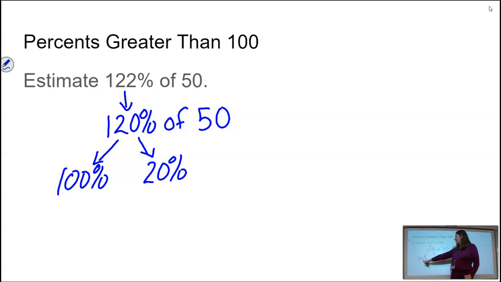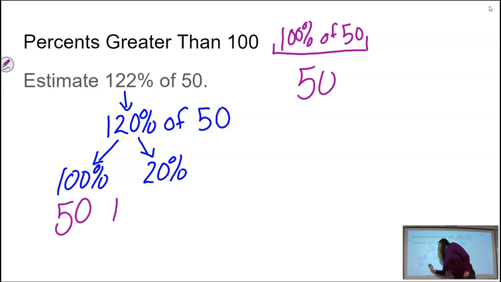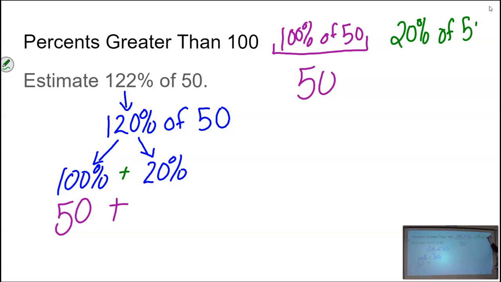Okay, so what is 100% of 50? So I'm going to go ahead and do that over here. So 100% of 50, well, that would be the total, right? So that would just be 50. So I'm going to add 50 right here, plus whatever my 20% is, right? So now I need to find 20% of 50, and this is 0.2 times 50.